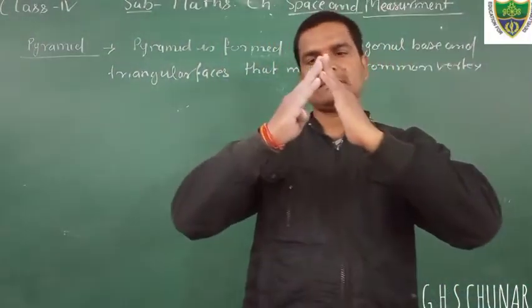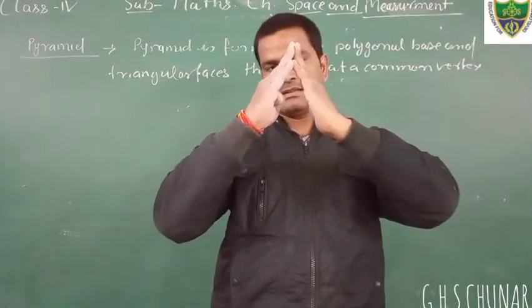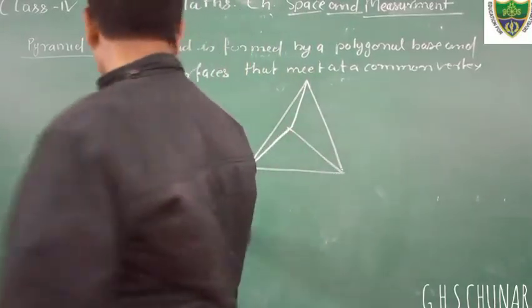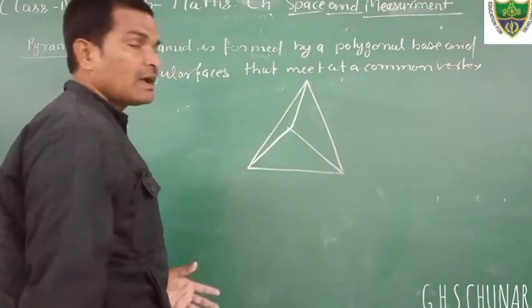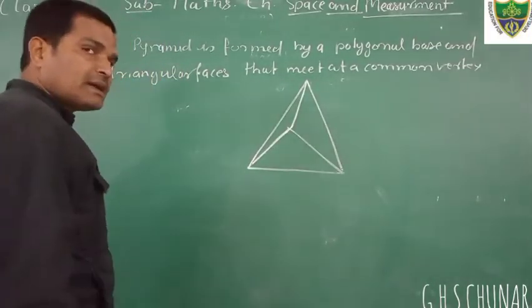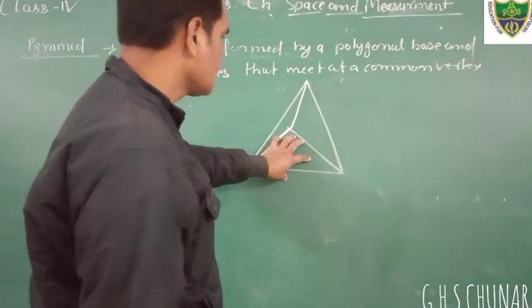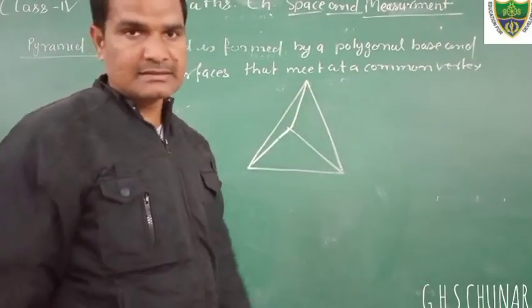This shape is called the pyramid, in which there is one common vertex, 1, 2, 3, 4. In the triangular pyramid, there are 4 vertices and 4 faces, and 6 edges. Okay.